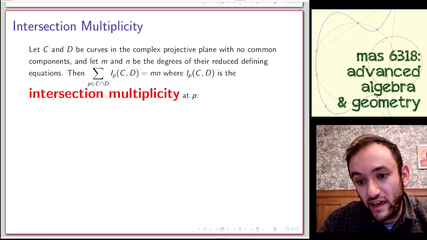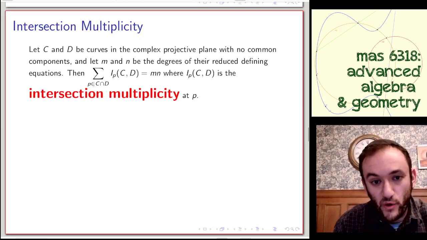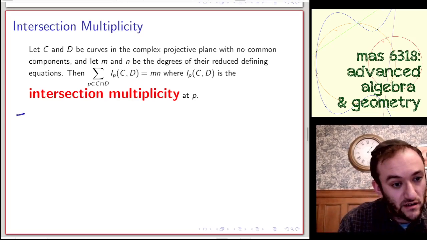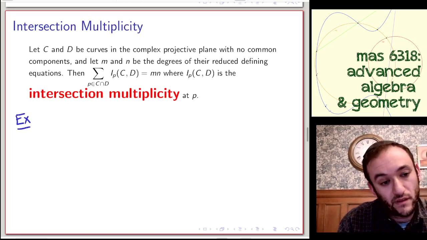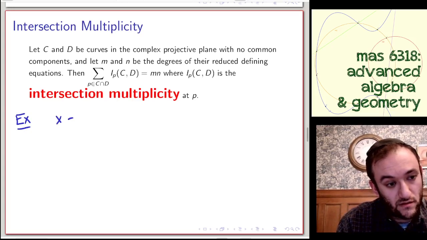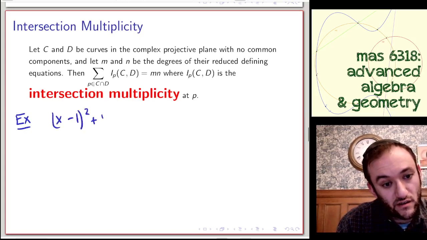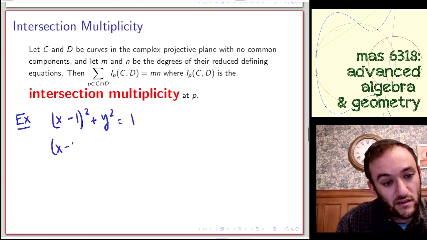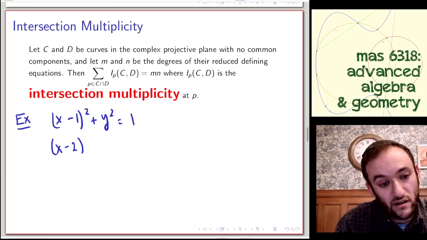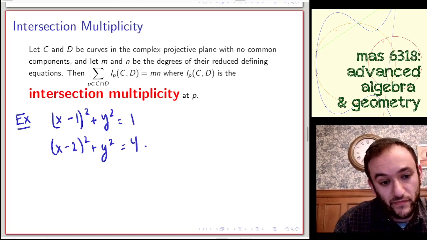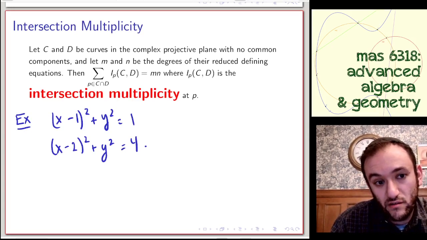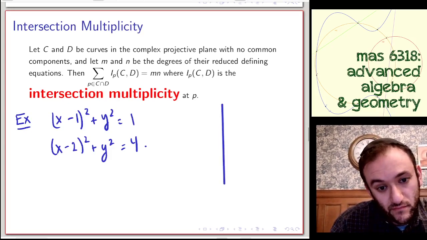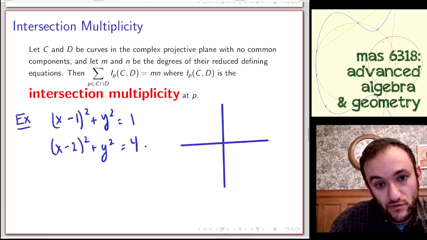And finally, we have intersection multiplicity, and we've spoken about this at length, but just as a reminder, we could have x minus 1 squared plus y squared equals 1, and x minus 2 squared plus y squared equals 4. And this would be describing two circles.